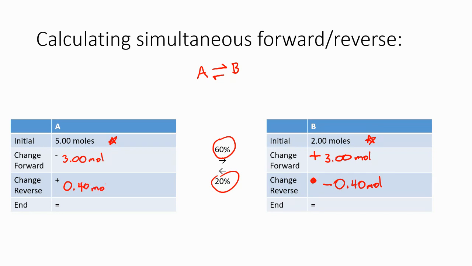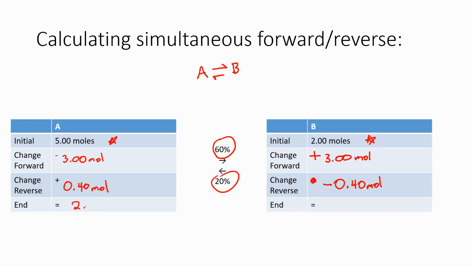Now, if you didn't understand what I was saying before, notice that when I did my change reverse calculation, I did not look at 2 plus 3. In other words, I am assuming that these reverse and forward reactions are happening simultaneously. So at the end of 1 minute, this is what I'm left with. 5 minus 3 plus 0.4.